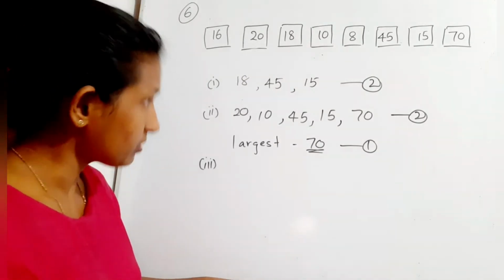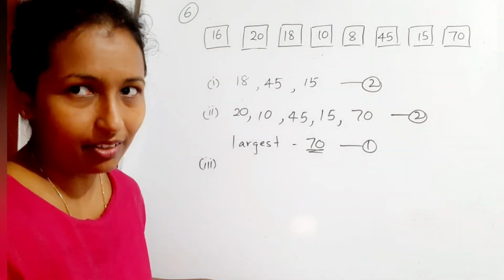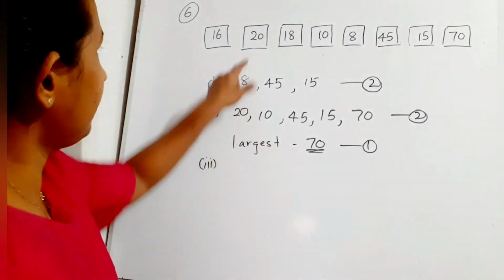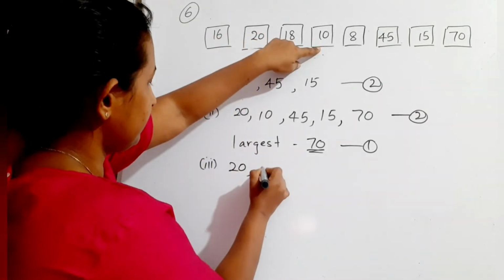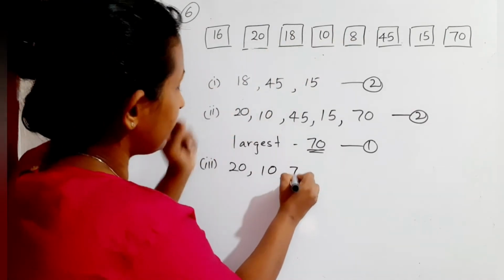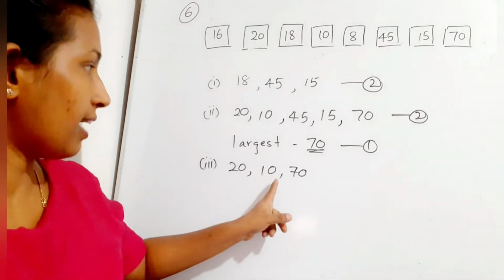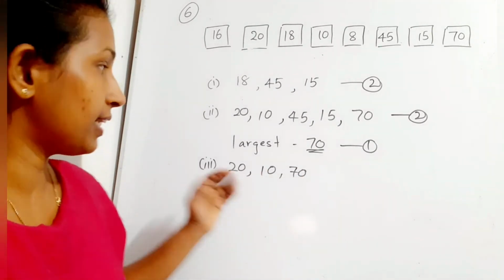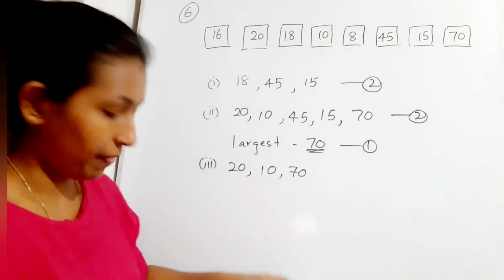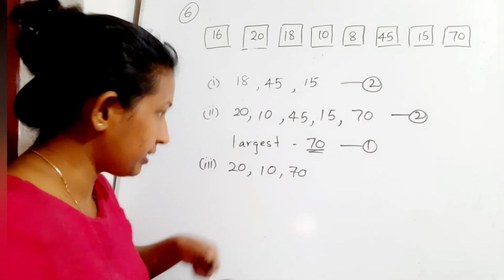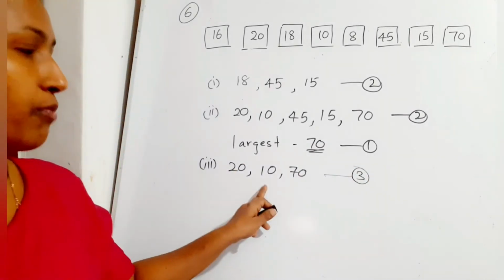So at the end of the number, 0 should be there, no? 0 should be there. Then what are they? 20, 10 and 70. Here 0 is there in every number. Then all those numbers are divisible by both 5 and 10. So 3 marks, 1 mark for each one.